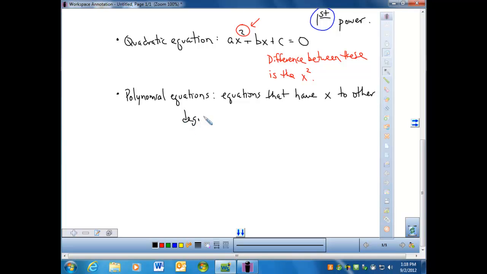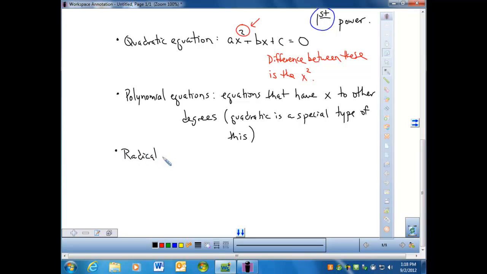Linear equations, quadratic equations, cubic equations, those are all types of polynomial equations. So anything that's got some x to the third or x squared or x to the fourth and other kinds of coefficients in the equation, that's a polynomial equation. So not a real important term to remember.